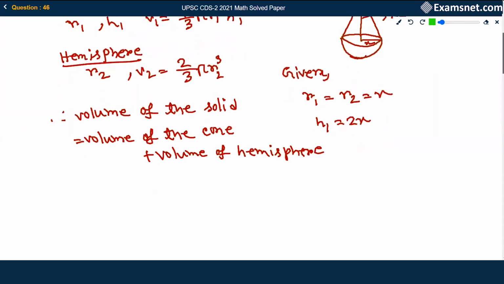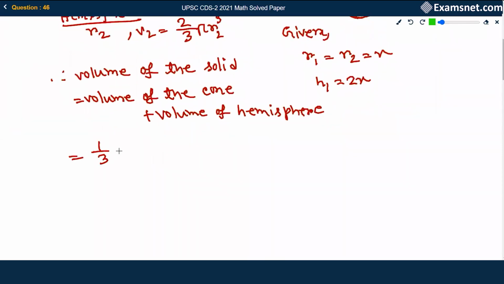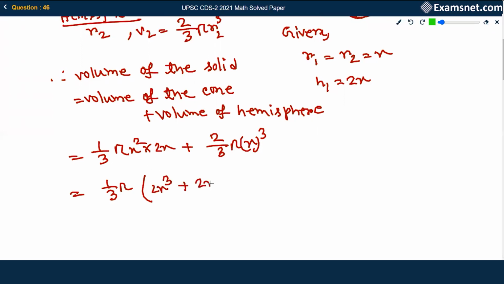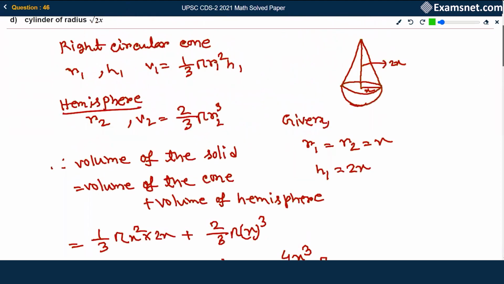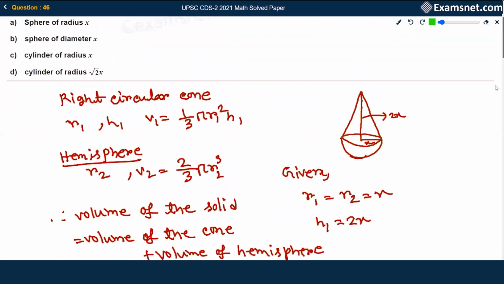Let's put all those values: 1/3 pi x square multiplied by 2x plus 2/3 pi x cube. We can take 1/3 pi common, and it becomes 2x cube plus 2x cube, that means 4x cube pi by 3. In place of pi, we can put 22 by 7 also.